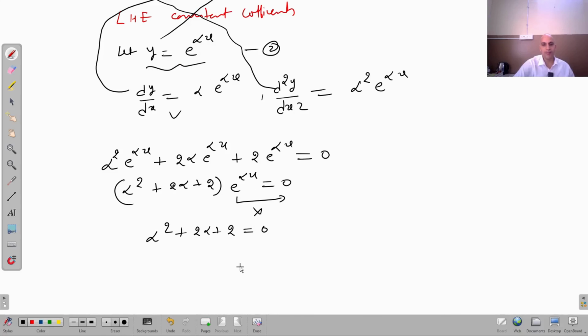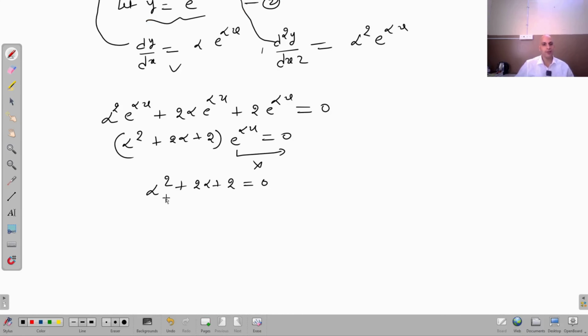So when I simplify, it is simply a quadratic equation in alpha. So we know very well the solution alpha is equal to minus b plus minus under root D, divided by 2a. D is what? b square minus 4ac, where 2a means 2 into 1, right? So when you simplify it, 4 minus 8, right? 4 minus 8, you got minus 4.